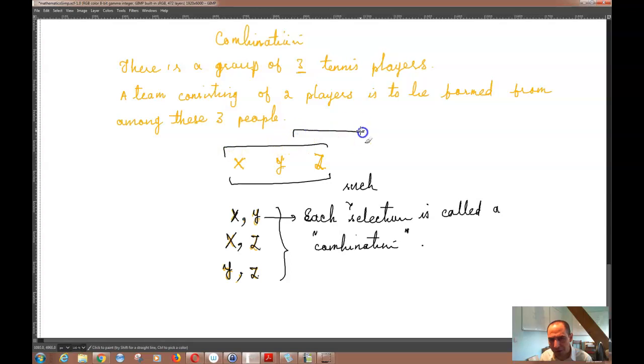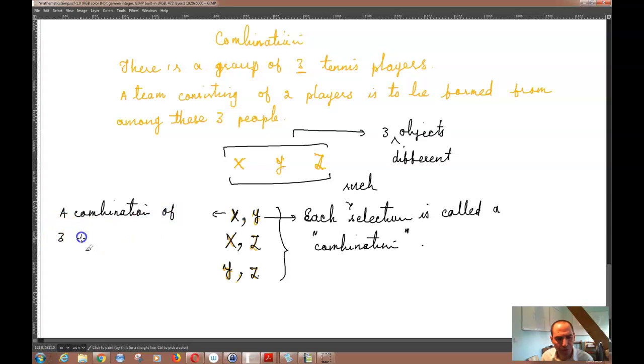Here you have 3 different objects. So each of these selections is called a combination of 3 different objects taken 2 at a time.